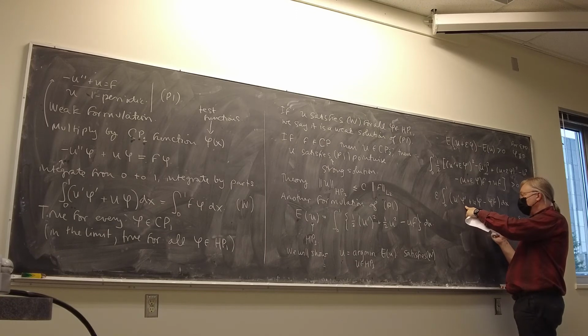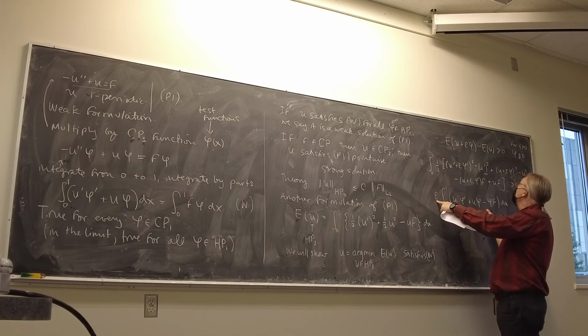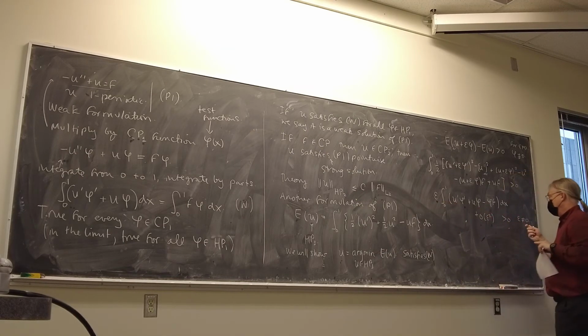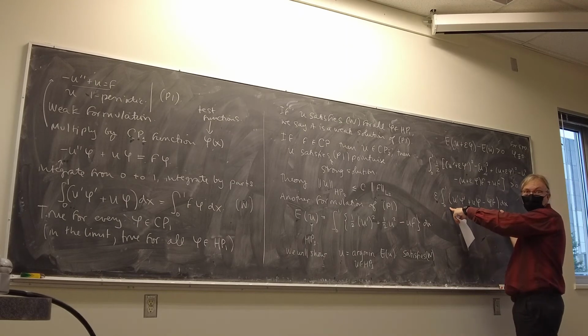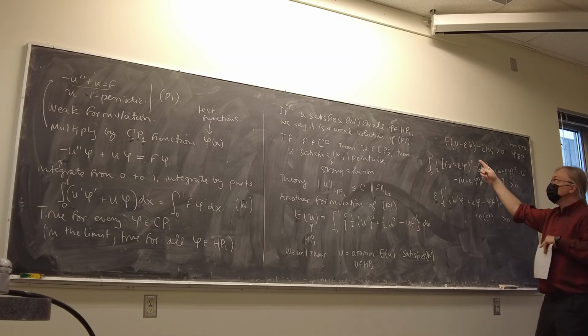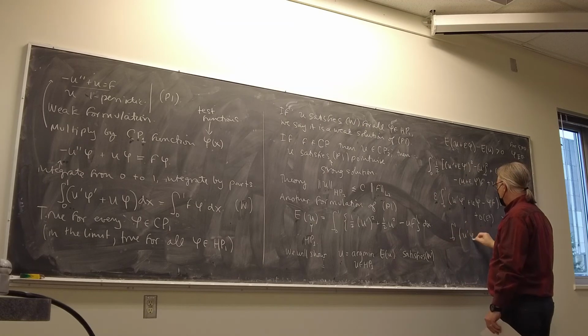And however big it is, I can make epsilon squared small enough so that this term doesn't count. Right? And epsilon is any sign I want, right? And so, if this is positive, I can just take epsilon to be negative, and then this is not true. Right? And if this thing here is negative, then I take epsilon positive, and then this isn't true. Right? So the only way this thing can actually be a minimum is if that quantity has to be 0.